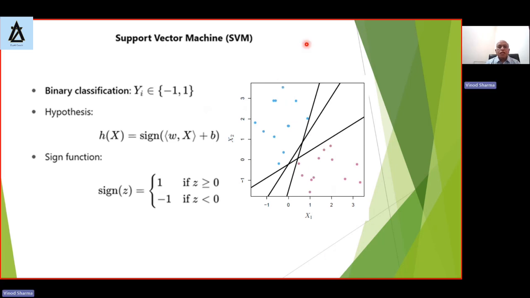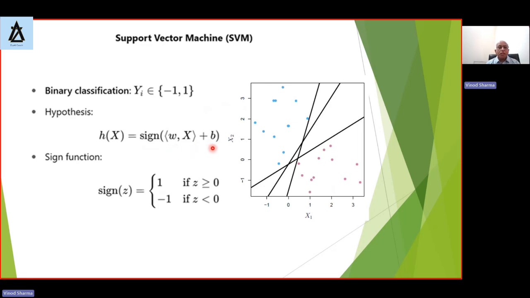The first method we talk about is the support vector machine. Support vector machine is for the classification problem. In fact, it's initially designed for binary classification where yi belongs to -1 or 1. Any hypothesis h given an observation x will be defined as h(x) equal to sign of the inner product between w and x, where x is a vector and w is of the same dimension as x, plus b. b is some constant.